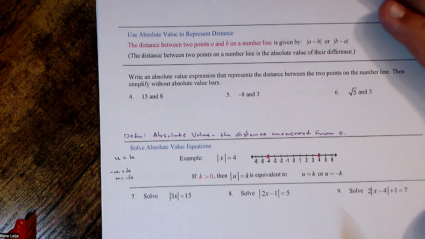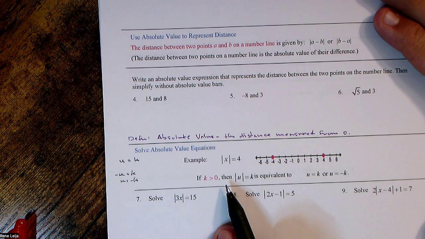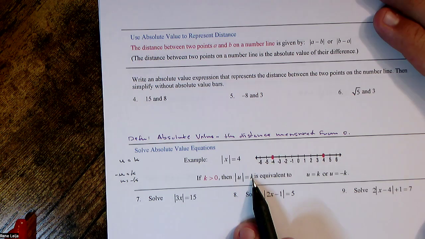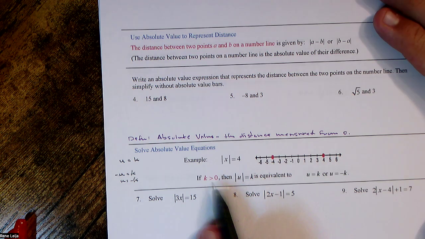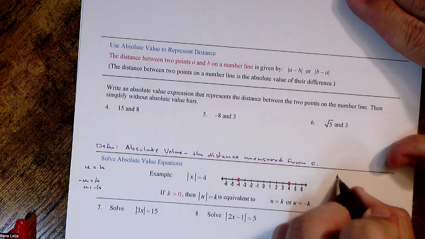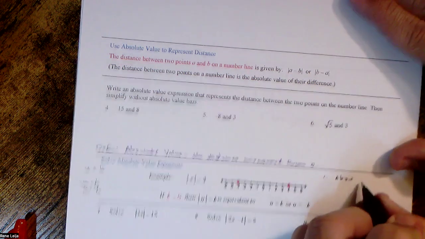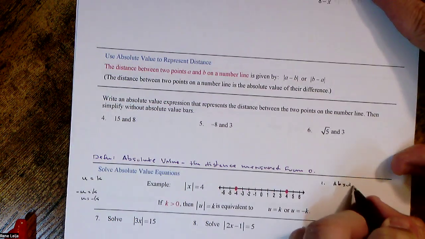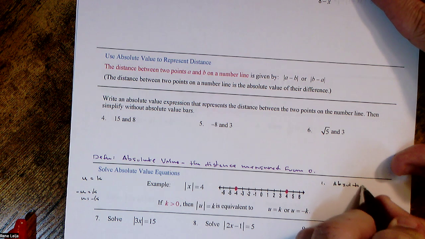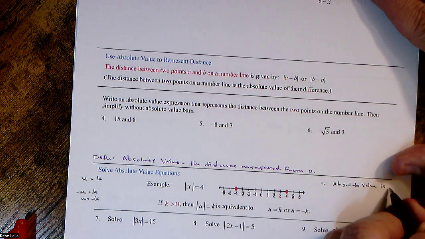And so when we solve these equations, the first thing that we're going to do is make sure, because it said that k has to be positive, so k is that constant, whatever it equals. So first, you need to make sure, step one, that the absolute value is isolated.